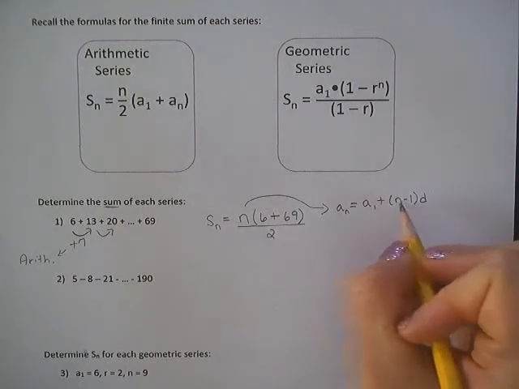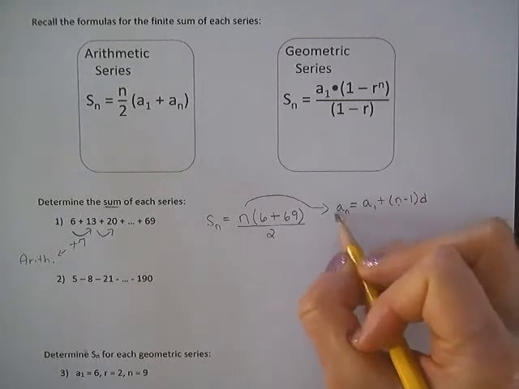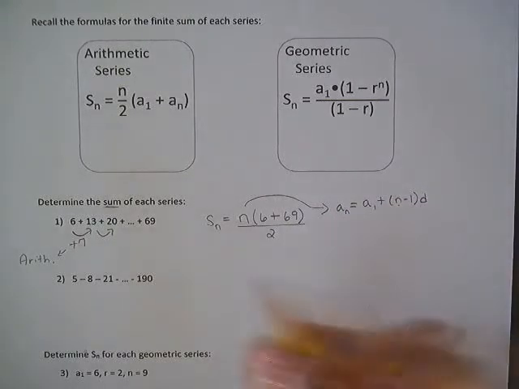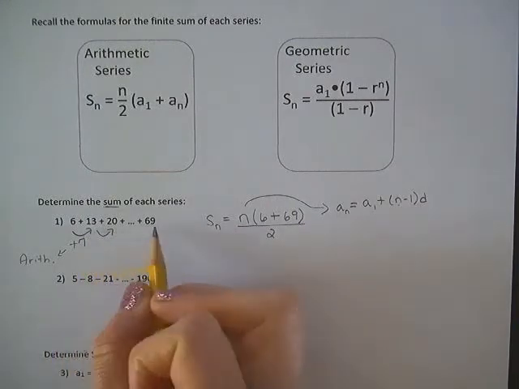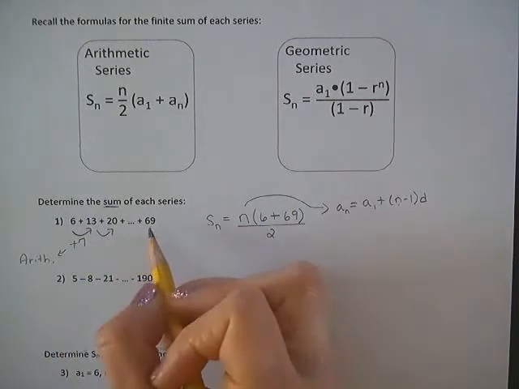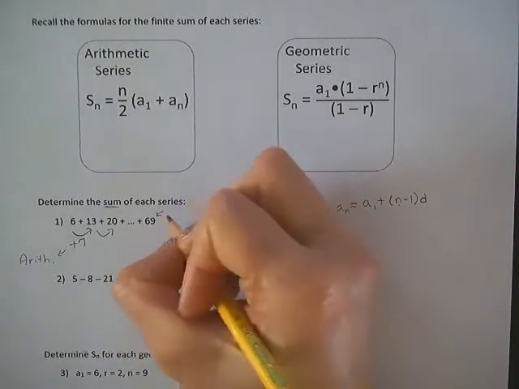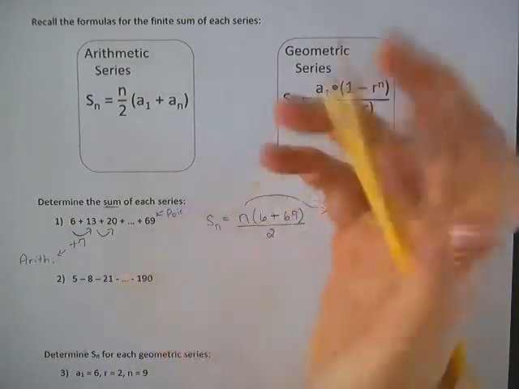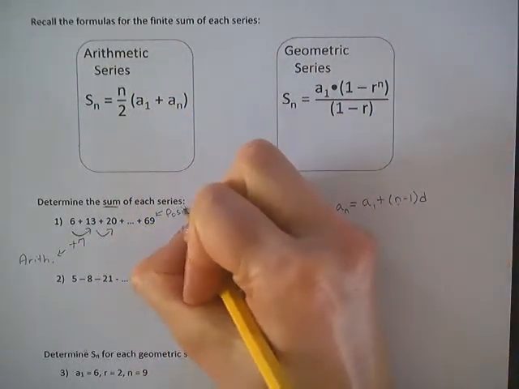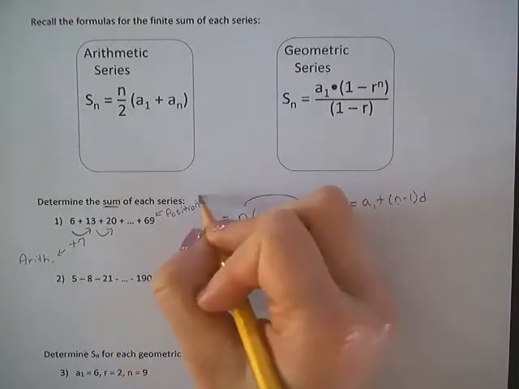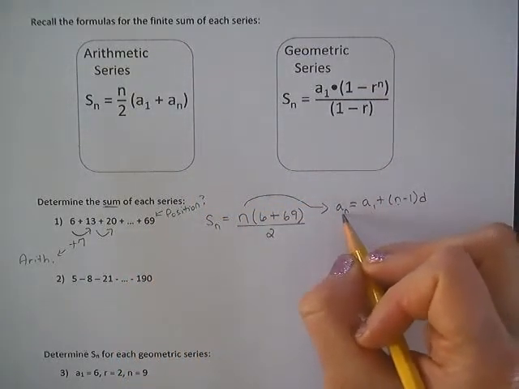Remember, n is the position of the term that goes here. To find n, which is how many terms we're adding up, we just have to figure out the position of that term right there. So that's the term we plug in for this.